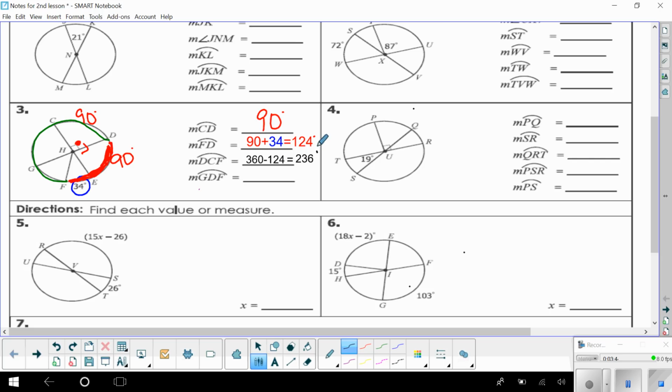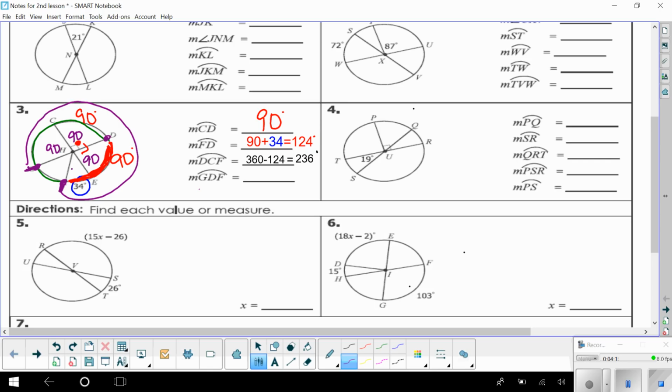Okay. And then to find the GDF, we're going to go from here, G, all the way to D, and then to the F, starting here, going all the way around, and stopping here. We have 90 in here, another 90 here, and another 90 there.